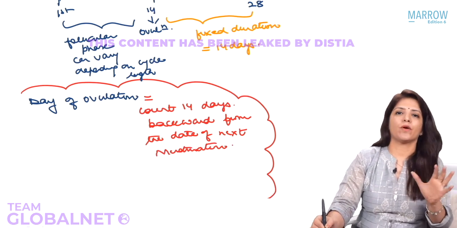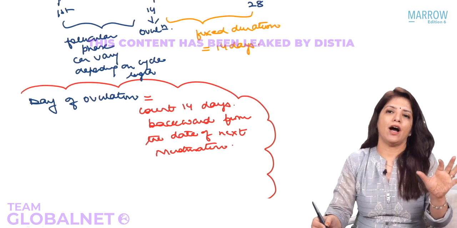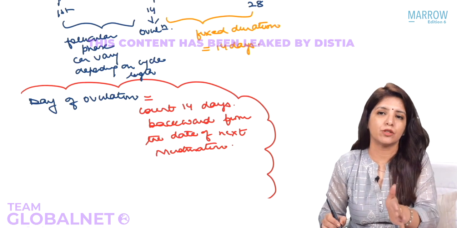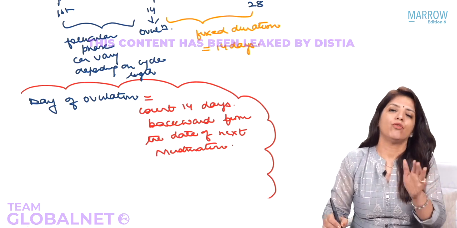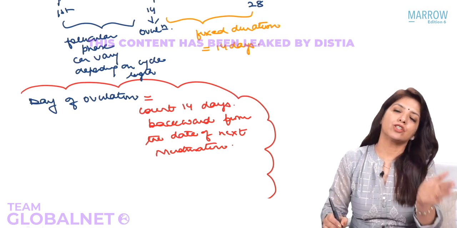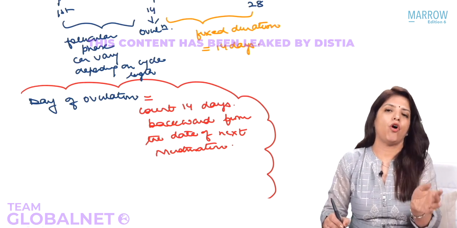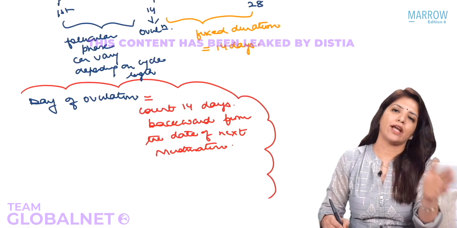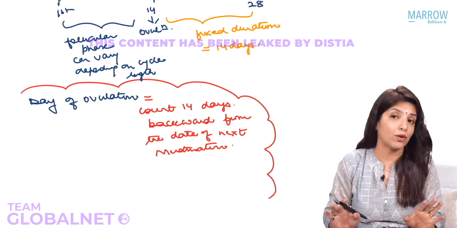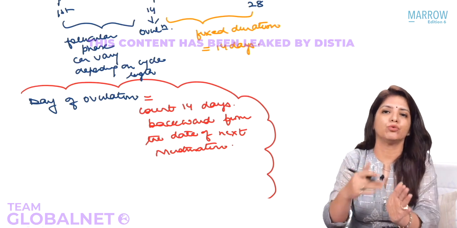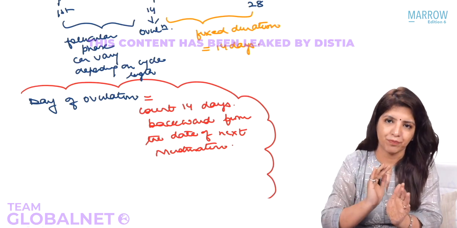Right? And that is how the question was asked, that ovulation occurs, and the options given were option A, 14 days after this menstruation, option B, 14 days prior to next menstruation, option C, 16 days after this menstruation, option D, 16 days prior to next menstruation. How do you calculate the day of ovulation? Day of ovulation is 14 days prior to the next menstruation, right?